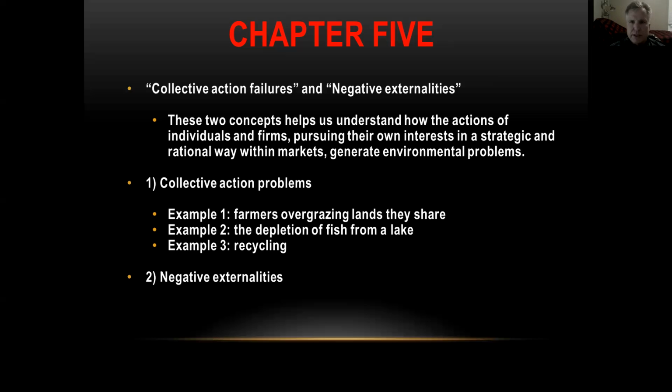People are pursuing their rational interests in the marketplace, and that marketplace may be working pretty well, but one of the unintended outcomes is a negative effect on somebody else, some other group or some other person. And it can be a real problem. There are some good examples given in the textbook.